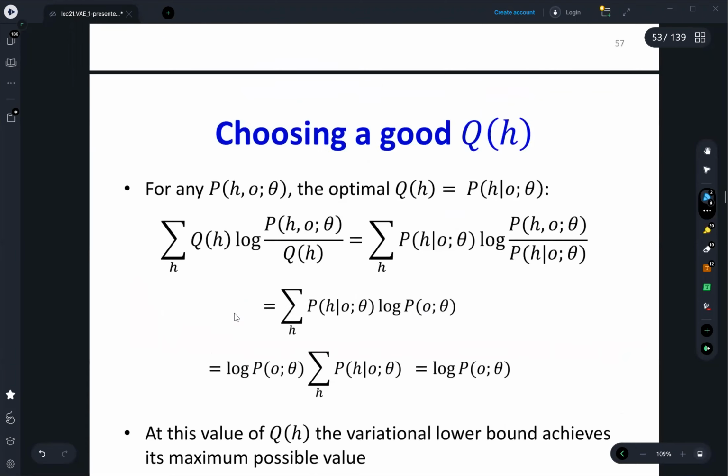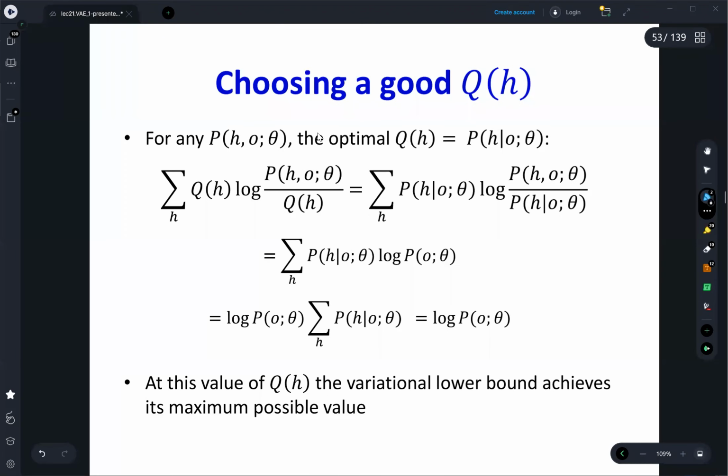As it turns out, there is a specific Q of H that actually does give you the tightest possible lower bound, where Q of H is the conditional probability of H given O. If I say Q of H equals P of H given O, then plugging in that Q of H will show you that this lower bound is actually the log probability of O itself, which is the largest possible value that it can take.